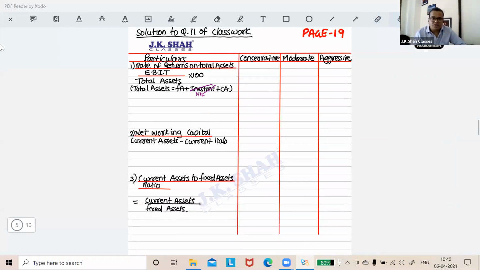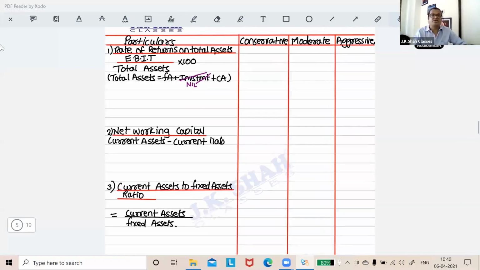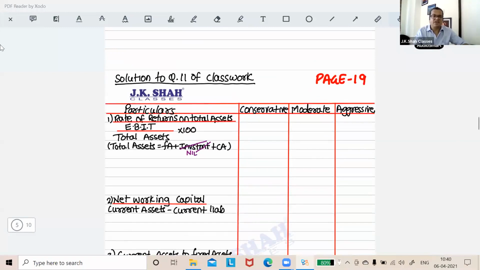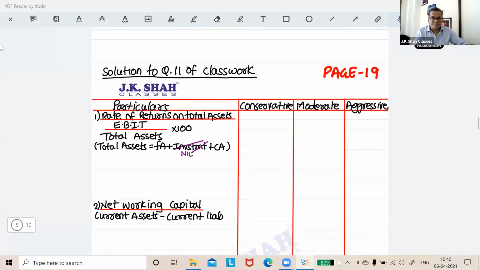I've written these three policies: conservative, moderate, aggressive. Rate of returns on total assets. So how we will calculate? It will be calculated like this: EBIT upon total assets. What are total assets? Fixed assets plus investments plus current assets, out of which investments are nil.